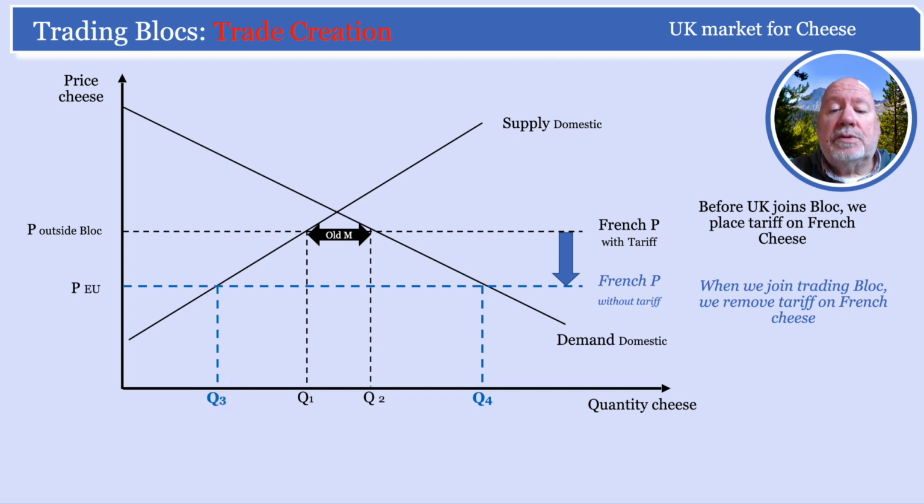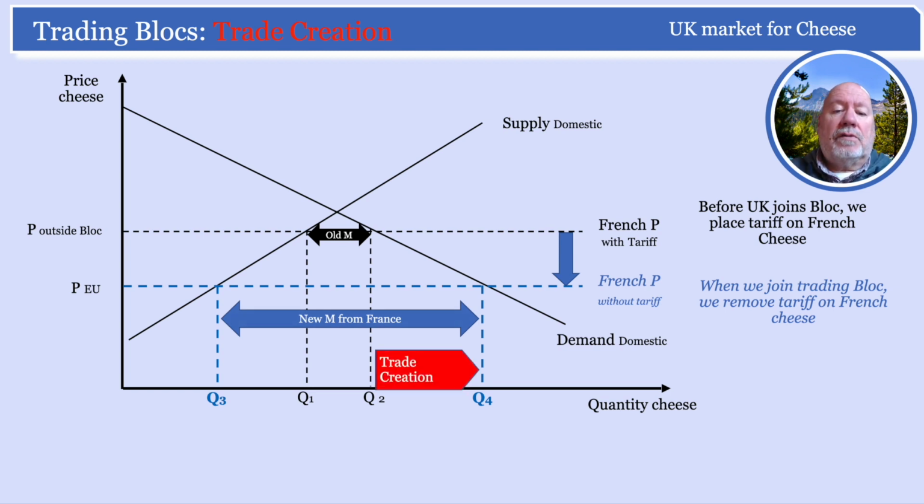So UK output, UK consumption, therefore the difference between them is the new imports from France. So this is the idea of trade being created here. So trade has been created because there's been an increase in demand from UK consumers for that lovely French cheese, and the UK firms are not producing it, and the French firms are producing it and selling it into the UK.